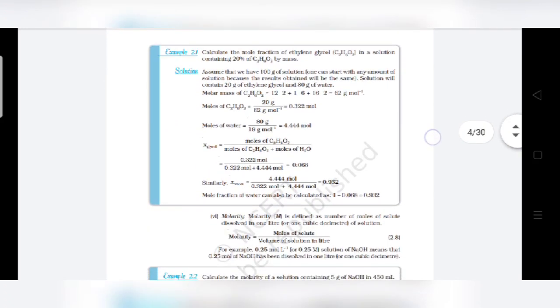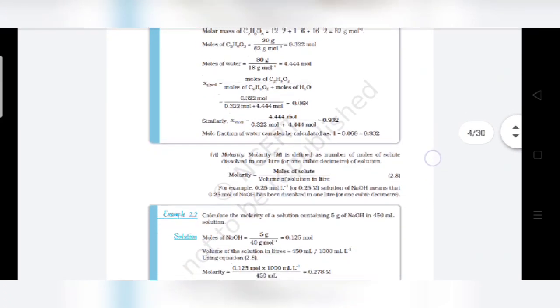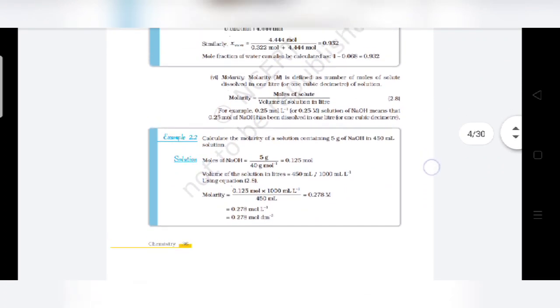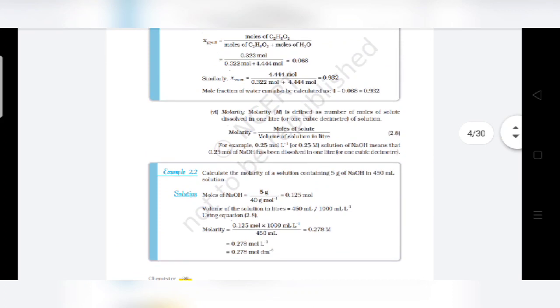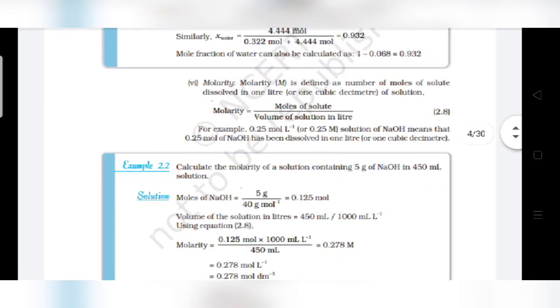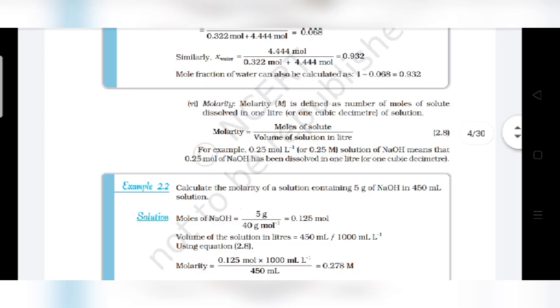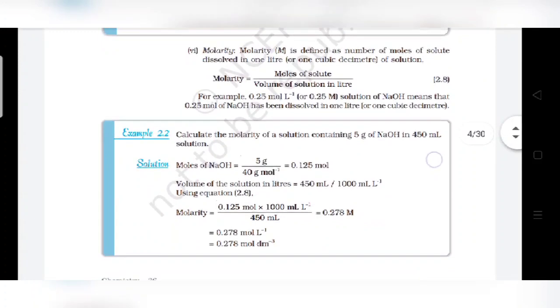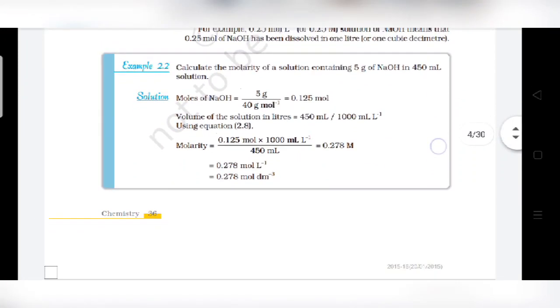Solve this example also, example 2.1, and try to solve example 2.2 also, where we have the last quantity, that is molarity. That is simple, nothing but molarity is defined as moles of solute divided by volume of solution in liter. You can calculate molarity of any substance by this formula 2.8. Try to solve example 2.2 also.